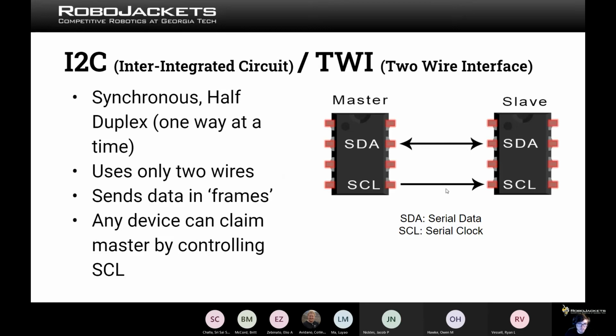But oftentimes, for example in the RoboJackets application, we'll just have a microcontroller that talks to some type of sensor or device, and the microcontroller is constantly the master. But sometimes, if there's read and write, you want to switch it based on the operation.